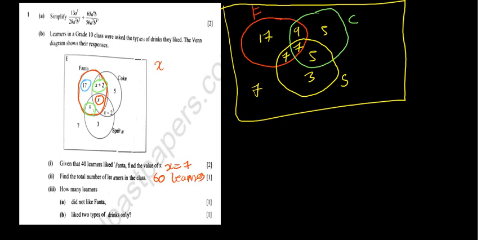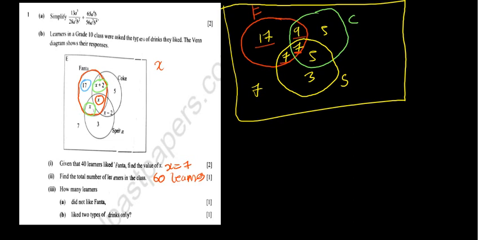Then the question is asking, how many learners did not like Fanta? So we have Fanta here. So these 17 they liked Fanta. The 9 they liked Fanta and Coke. These 7 here they liked all of them, including Fanta. These 7 here they liked Sprite and Fanta, which again includes Fanta.